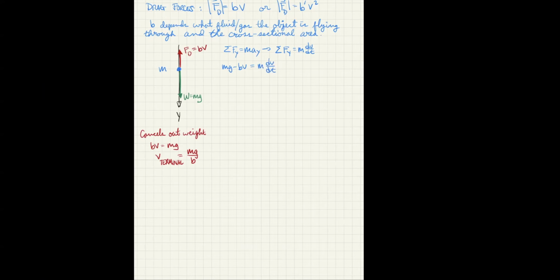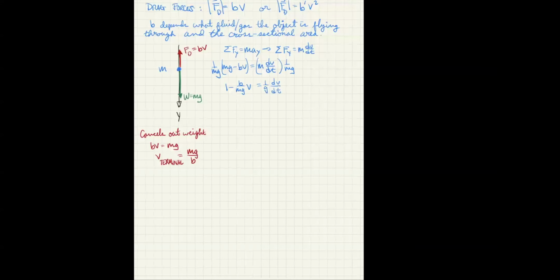is equal to m dv dt. What I'm going to do is multiply both sides by 1 over mg, and that's going to give me 1 minus b over mg times v is equal to 1 over g times dv over dt.